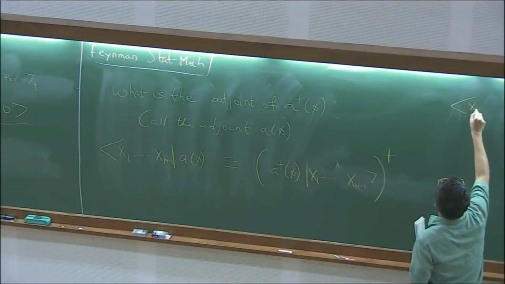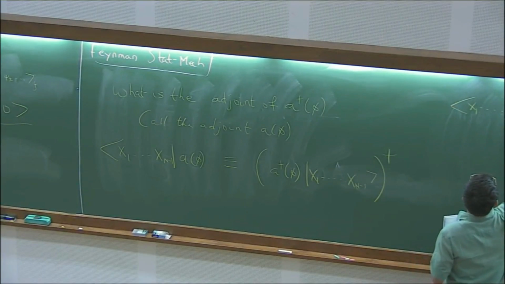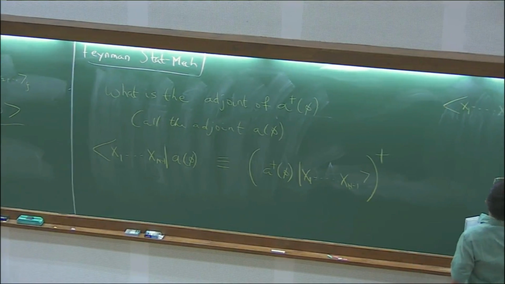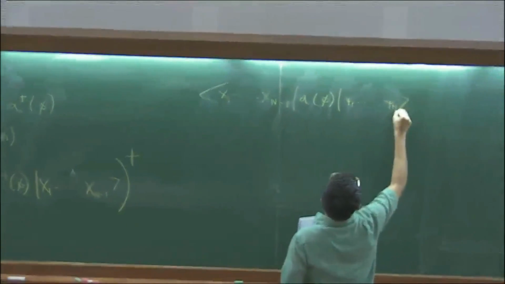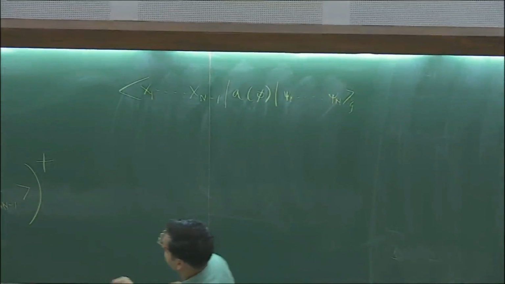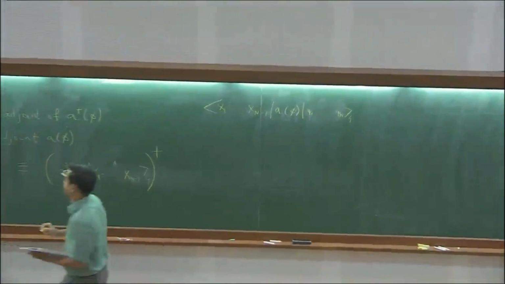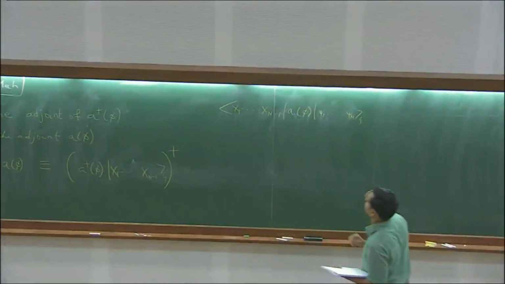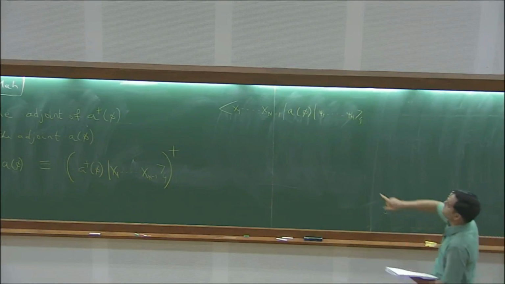I'm suppressing the zeta label. These are all properly symmetrized or anti-symmetrized states, but not properly normalized. Okay? So ask, what is this?